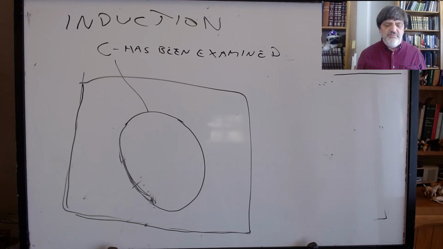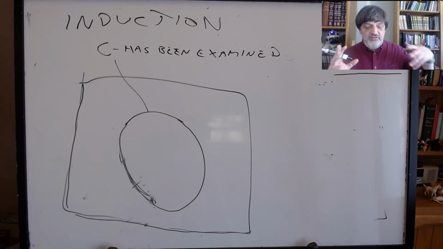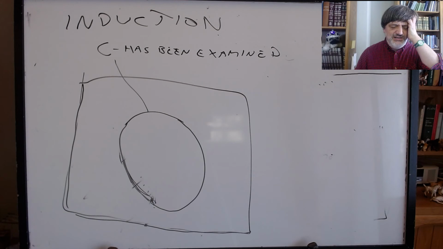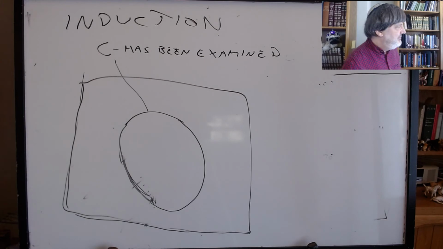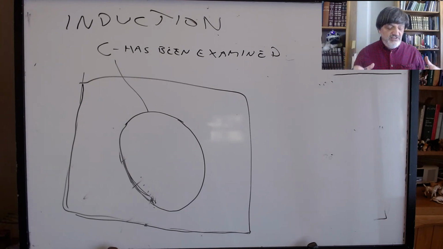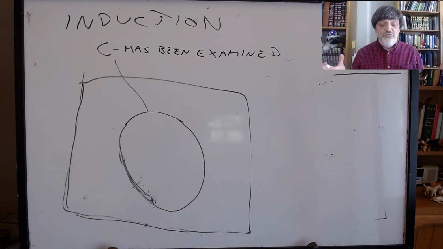Maybe I should switch to copper. No, I'm going to keep talking about rubber. The general law we're trying to support is going to be all rubber bends under suitable pressure.